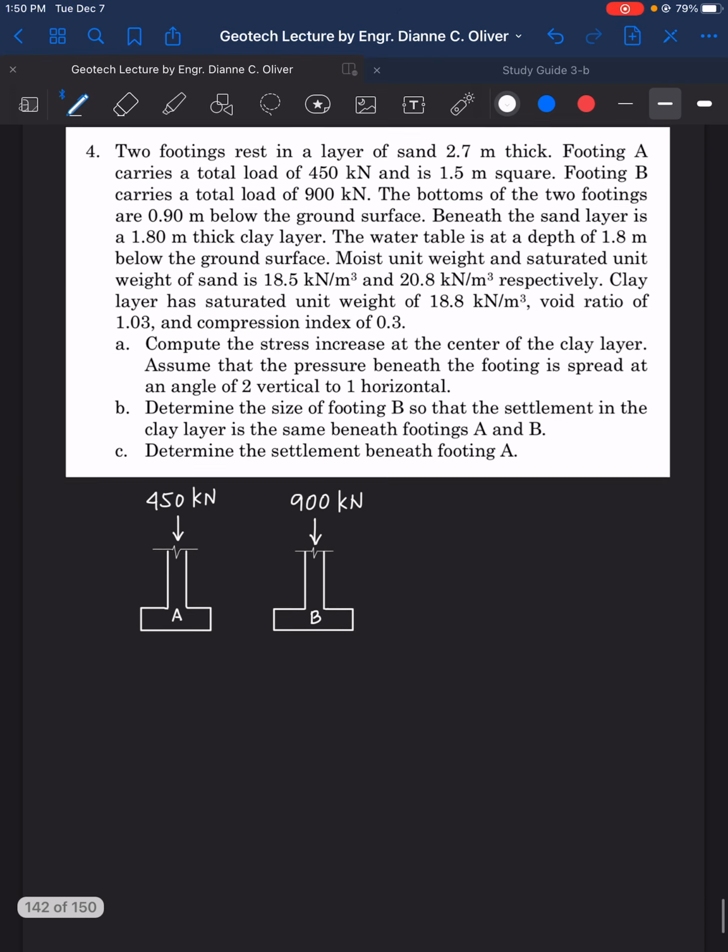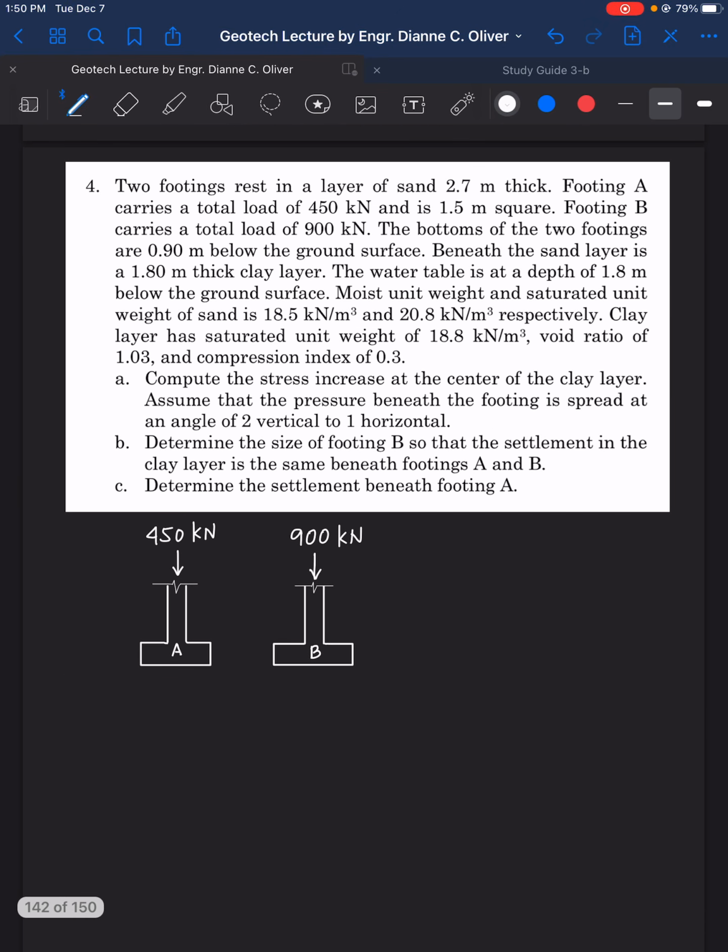Let's go to number 4. Two footings rest in a layer of sand 2.7 meters thick. In this problem, there is no given figure. So all you need to do is read the problem carefully and comprehend how the layers are portrayed in the figure.